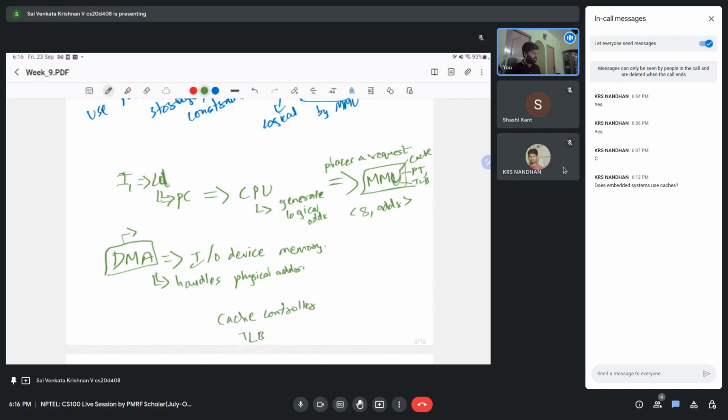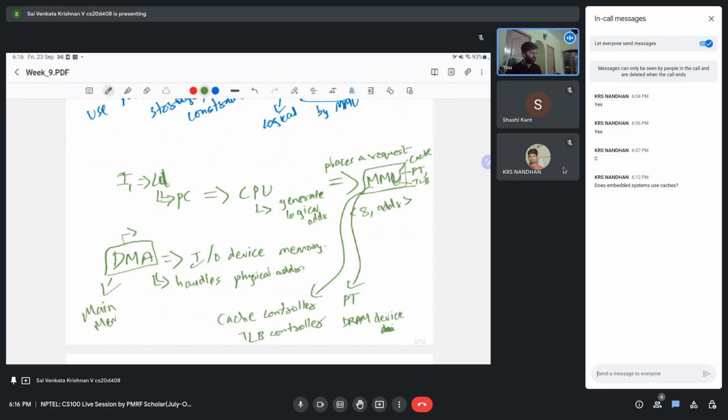There will be a TLB controller, and a page table controller, managing those things. And for the DRAM, there will be a separate DRAM device driver or controller, which is used for interfacing. So the MMU will interact with these controllers, and this DMA controller is specific to your main memory.